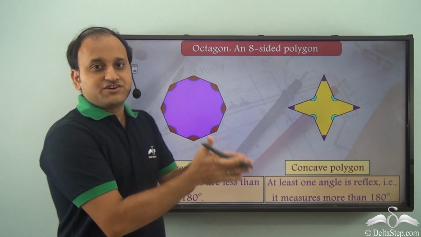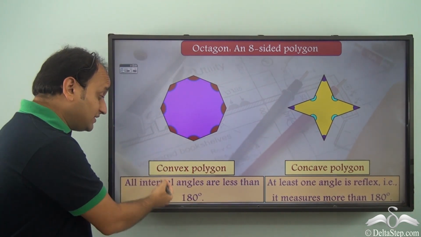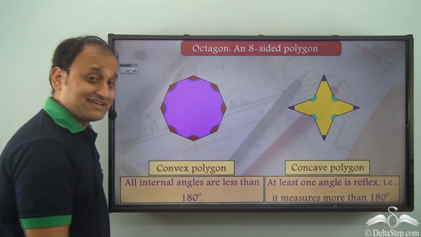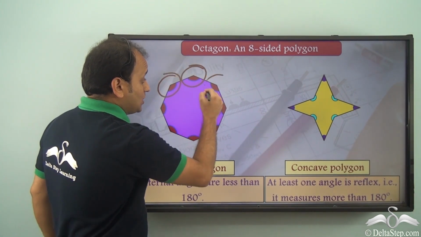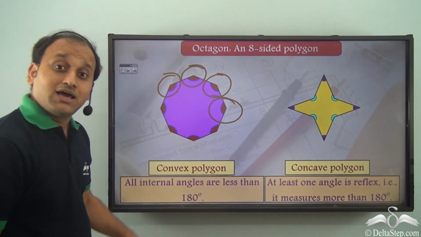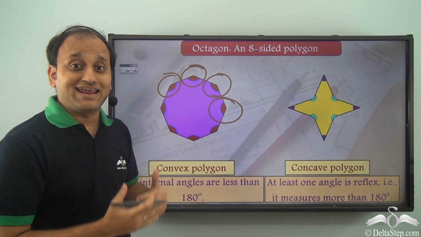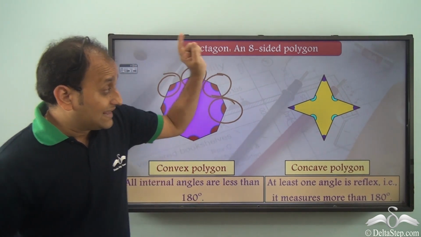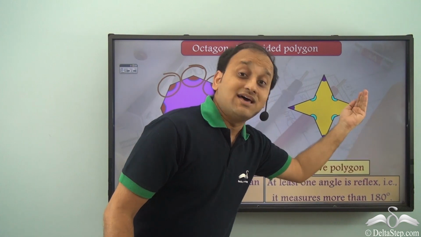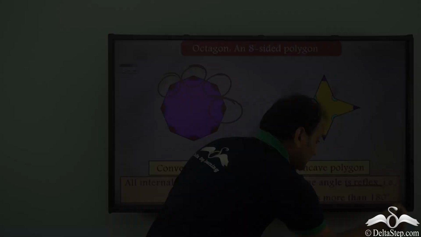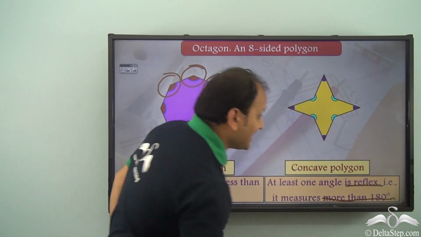So the first and major criterion for a polygon to be convex is that all internal angles are less than 180 degrees. So if you measure this angle or this or this or this, any internal angle, it will always be less than 180 degrees. Now in this case, what do we see? Well, at least one angle is reflex, that is, it is more than 180 degrees.